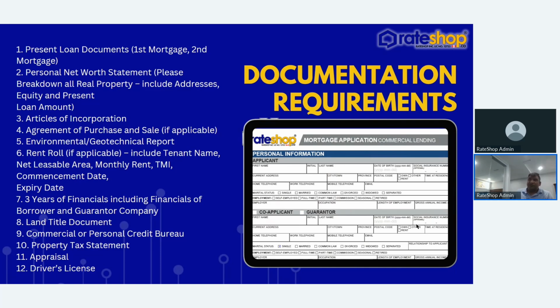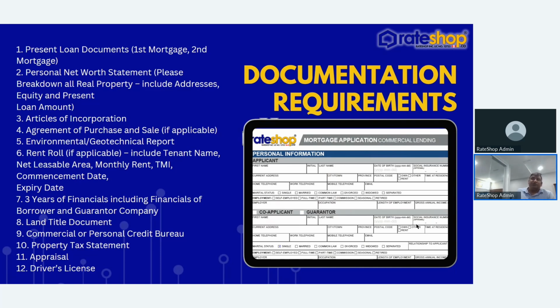So in some cases, if that property is being tenanted for further rental income, you may be able to get away with it. But if you're the company housing that property, then it's only fair to see whether the business is profitable and whether it's going to be able to afford it. So that is why the business financials are requested.